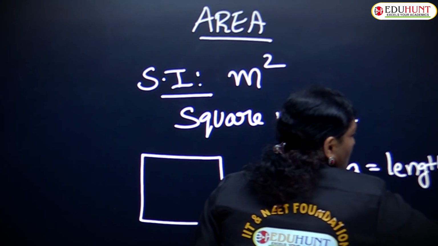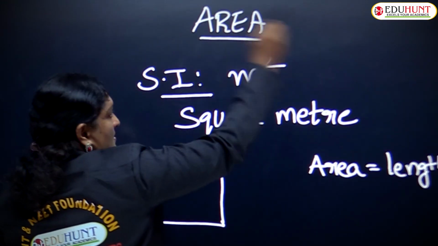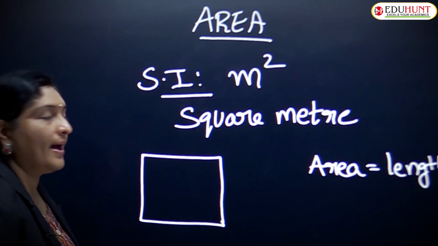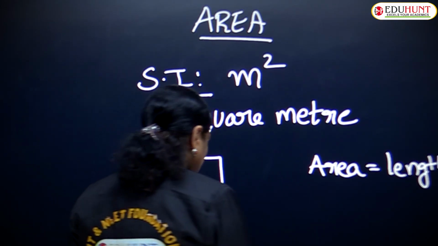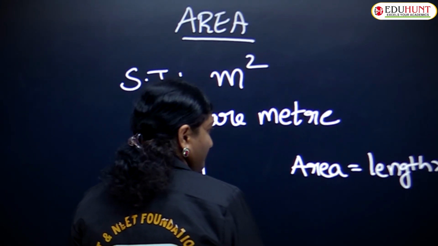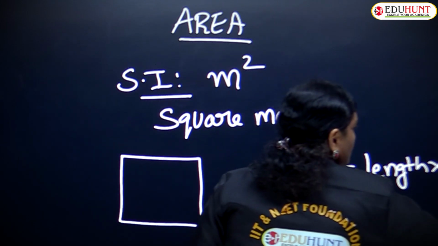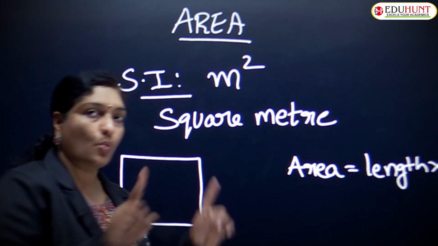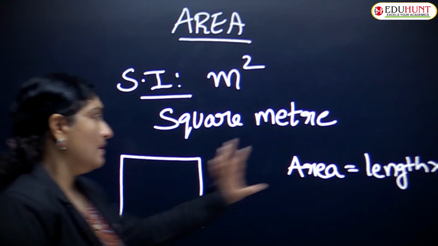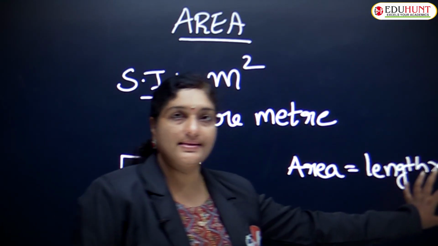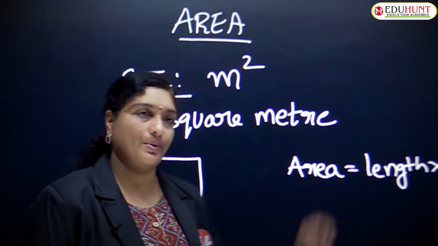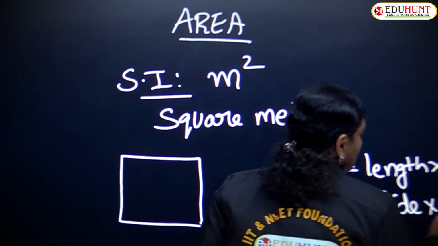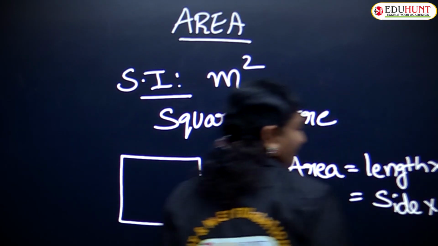Suppose you would like to measure the area of this board, it is rectangular in shape, hence you write it as length into breadth. Suppose it happens to be a square, the side lengths are all equal, length is equal to breadth. In that case, we can say it is side into side, that is side square.